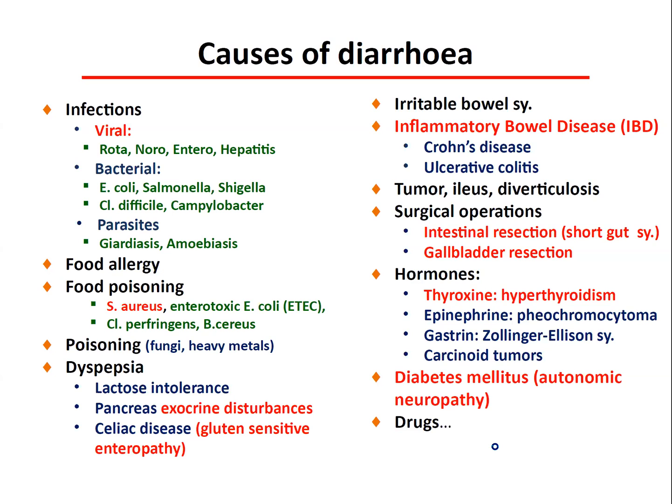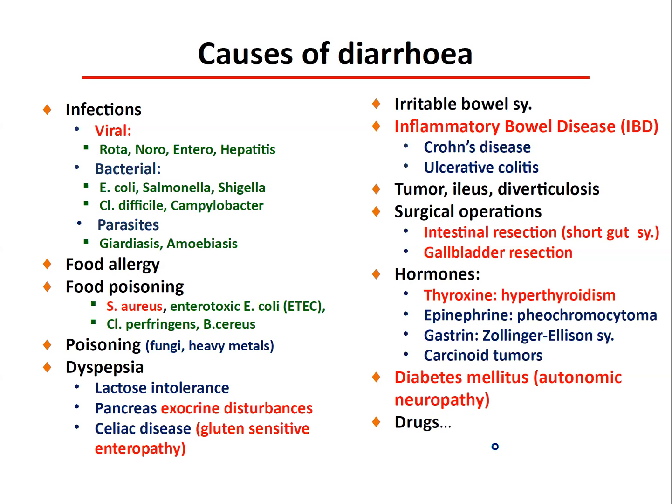But bacteria, you will learn in microbiology, the E. coli, Salmonella, Shigella, or Clostridium difficile, or Campylobacter, or parasites, giardiasis, or amoebiasis can cause diarrhea, and this can be treated properly. So in this case, these feces should be evaluated by microbiological tests.